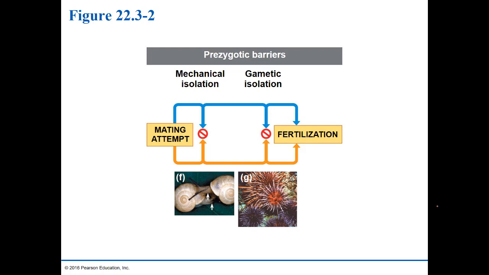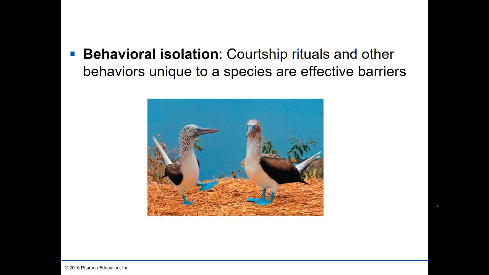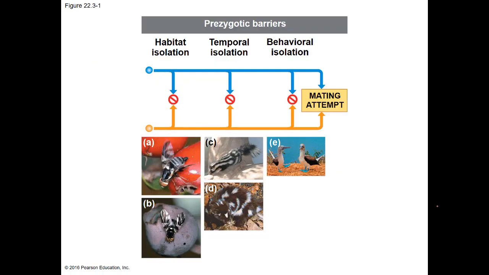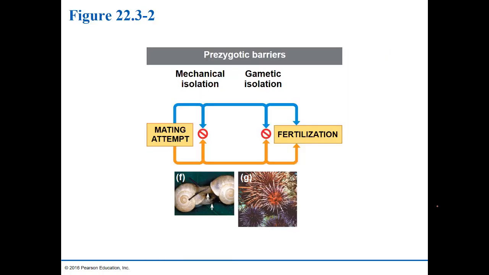There's also mechanical isolation and gametic isolation. So in these situations, temporal, habitat, and behavioral, mating can't even happen. They can't even attempt to mate. In mechanical isolation and gametic isolation, they can attempt to mate, it just doesn't work, and they can actually mate, but no fertilization happens.